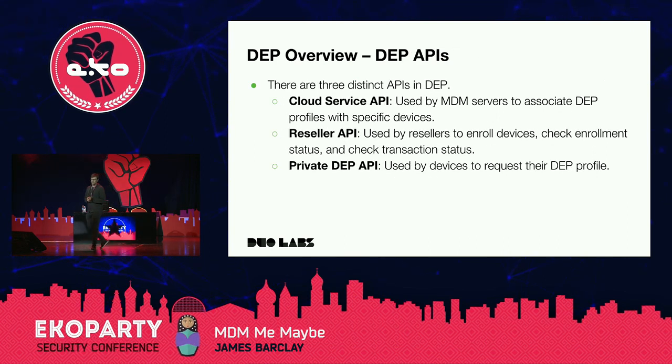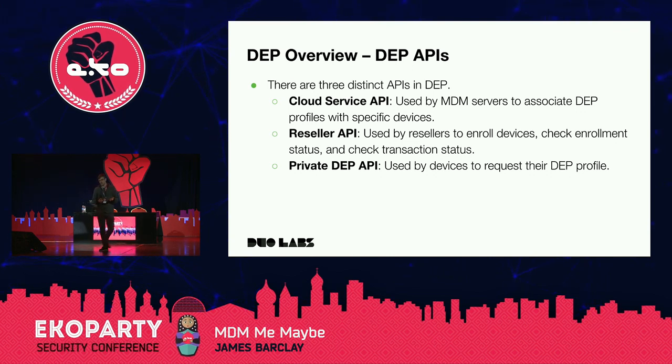So throughout this talk, I'll be referring to the DEP API. I wanted to call out that there are 3 different DEP APIs. There's the so-called Cloud Service API. This is used by mobile device management servers to associate DEP profiles with specific devices. Next, we have the Reseller API, which is used by resellers and Apple Retail to enroll devices and check enrollment status and so on.